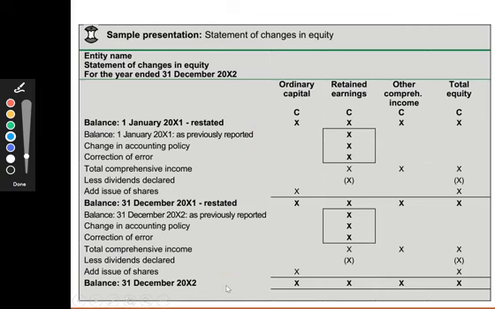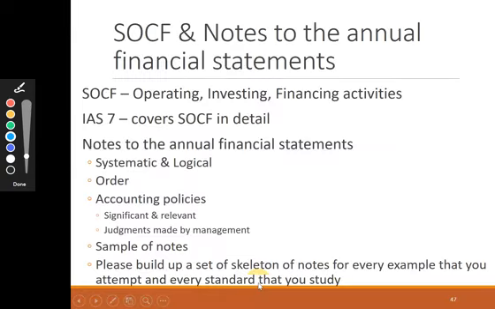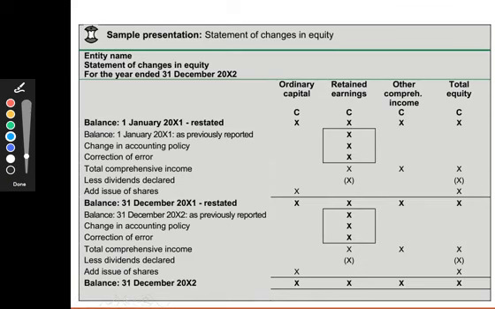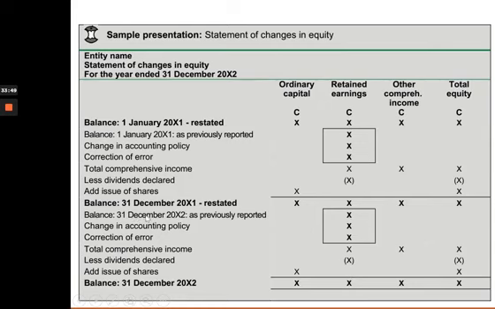So the bottom section here is your current period, so the year X2, and here you've got your comparative period, your prior year period on your statement of changes in equity.